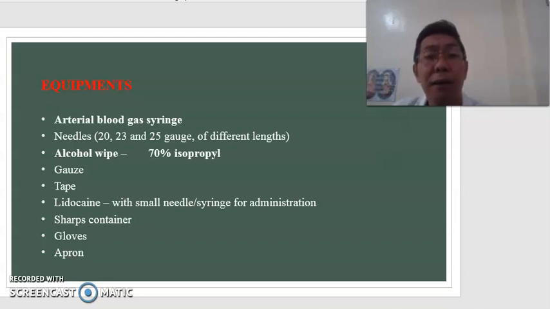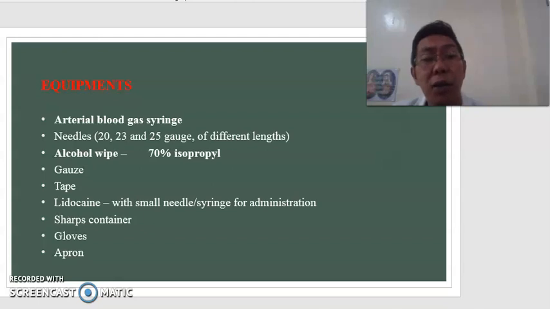So, arterial blood gas syringe. This is usually done by doctors and, of course, by medical technologists. Needles, so ang ating gauge ay 20, 23, and 25 of different lengths. Alcohol wipe, of course, with 70% isopropyl, gauze, tape, lidocaine, of course, this is for local anesthesia.